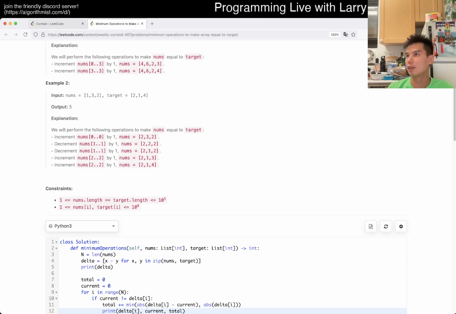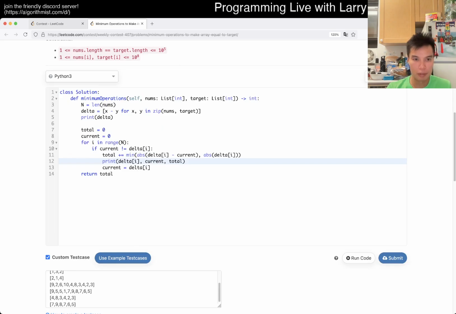how would that dp look if we are able to do it cheaper? Can I do an O of n dp? N log n dp?